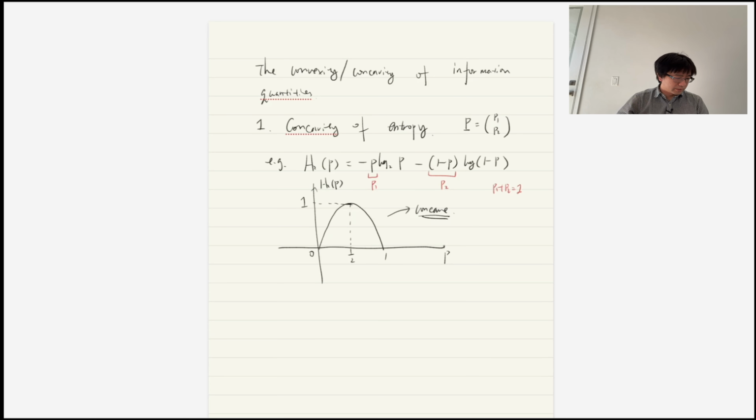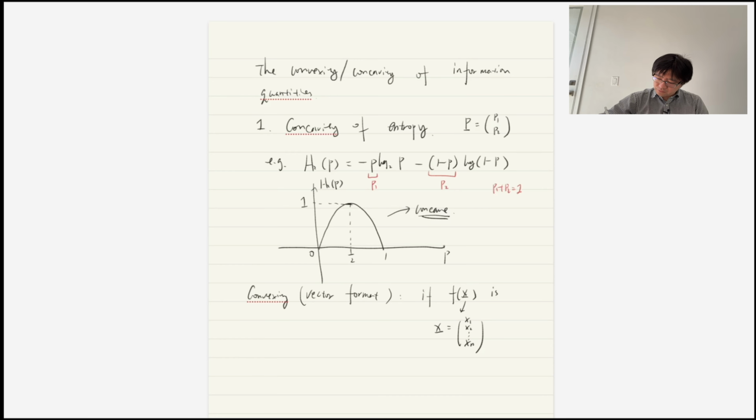Let's write it down. Convexity, vector form. We say f of x, and this is again a vector notation, meaning we consider the vector x1, x2, up to xn.